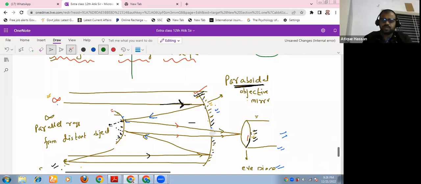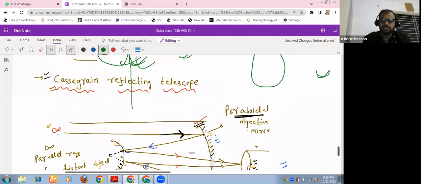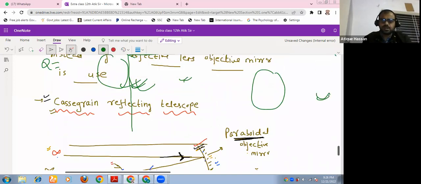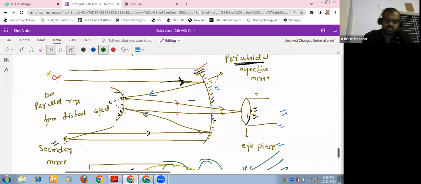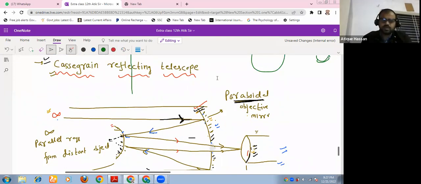Anyone having any idea? See, what is happening is in case of the astronomical telescope, that is the refracting telescope, we were using two lenses, right?